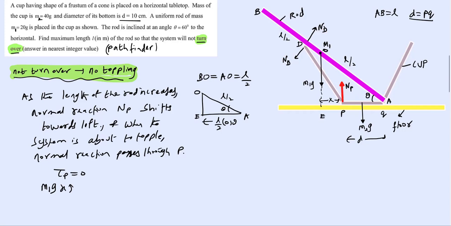Okay, I need not show it. The net torque due to these two normal reactions about point P will be equal and opposite. Now all that is left is the torque due to only the M2G, which is plus M2G D by 2. This will be clockwise. Next, there is also normal contact here: by the cup on the rod, Na, and on the cup, Na. We'll show those things also.